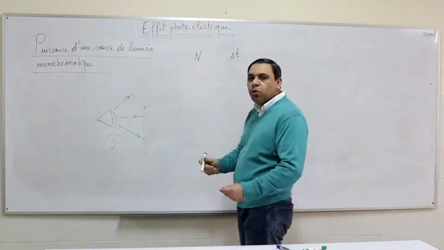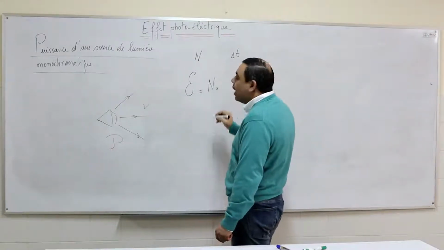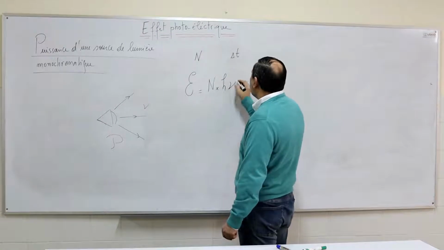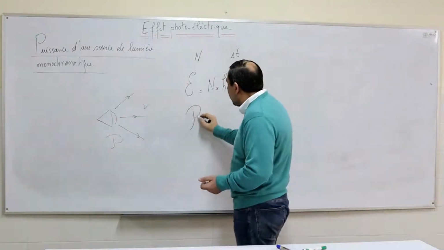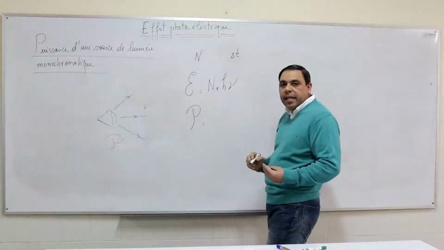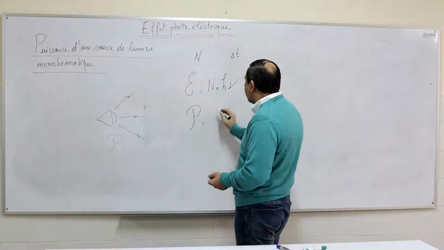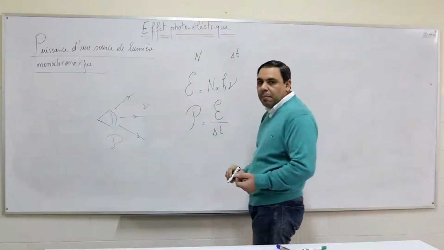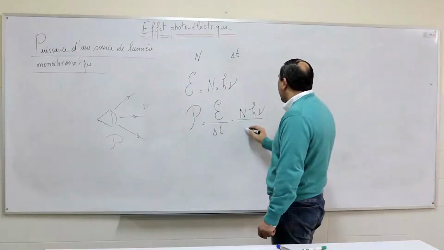The energy carried by the emitted photons is equal to n times the energy of one photon, which is h nu. As a result, the power of the source is equal to the energy delivered by the source, which is equal to E divided by delta t. And this is equal to n h nu over delta t.